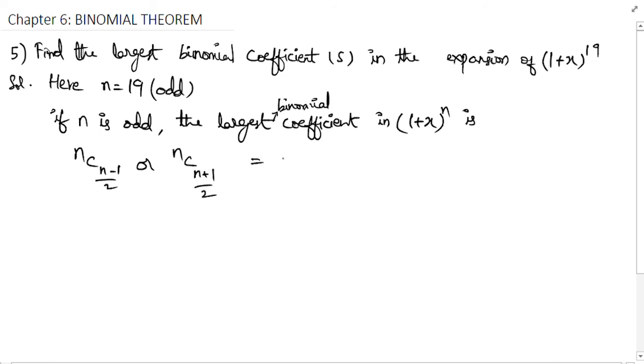So here it is equal to 19C((19 minus 1) by 2), okay, which is equal to 19C9. So this is the answer.